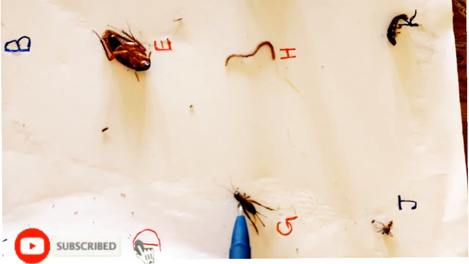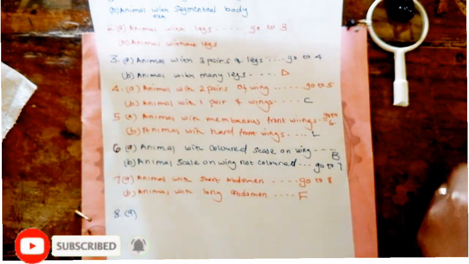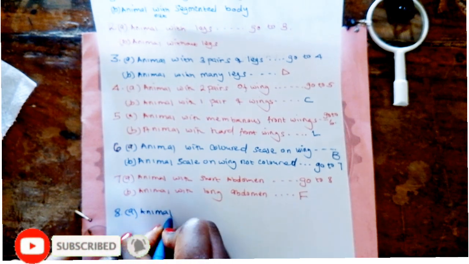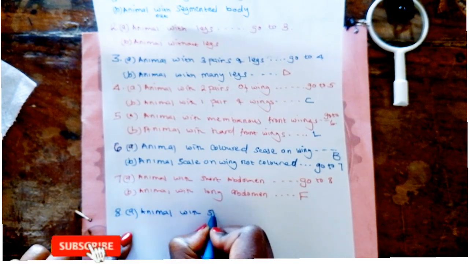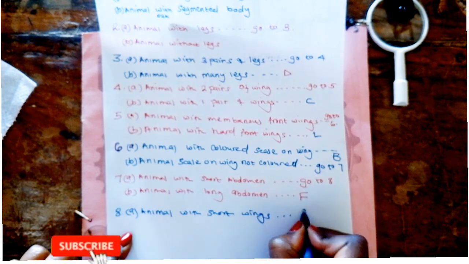This one has short wings. This one has long wings. So we do that. Animal with short wings. We are not going anywhere else because it is G.